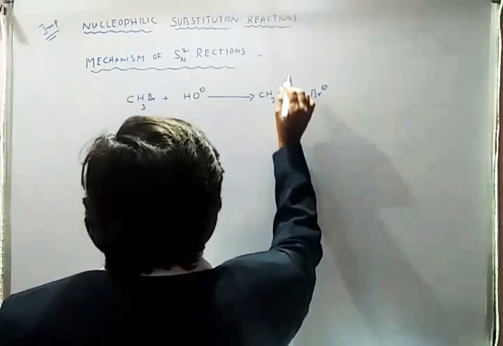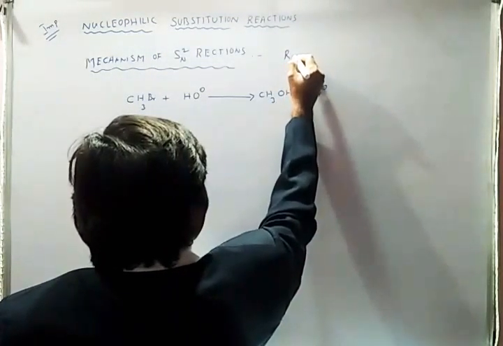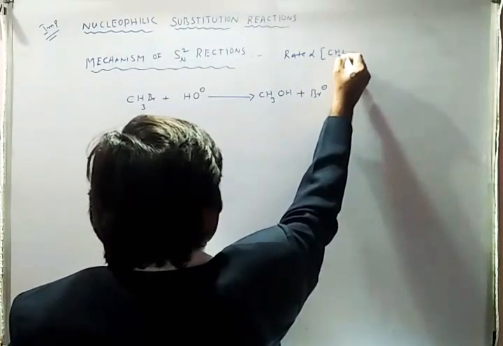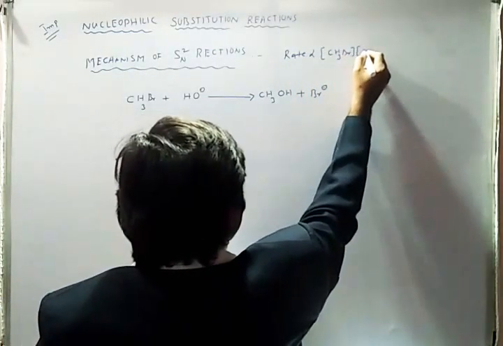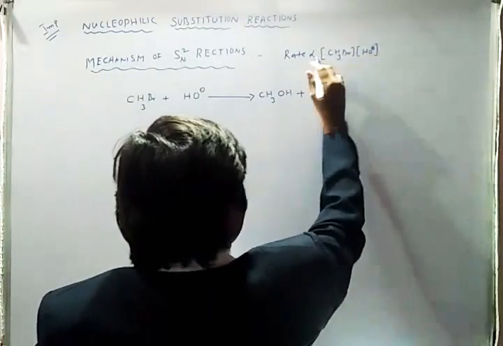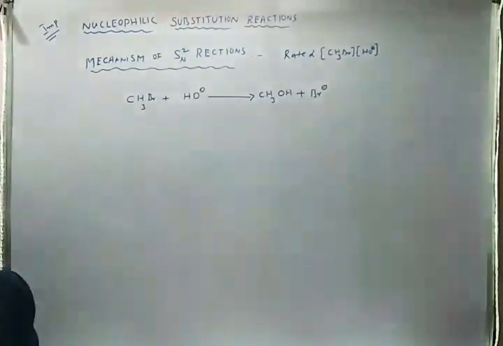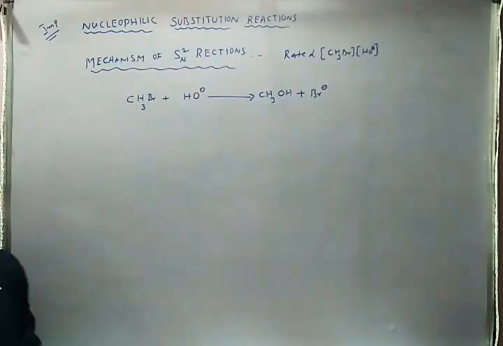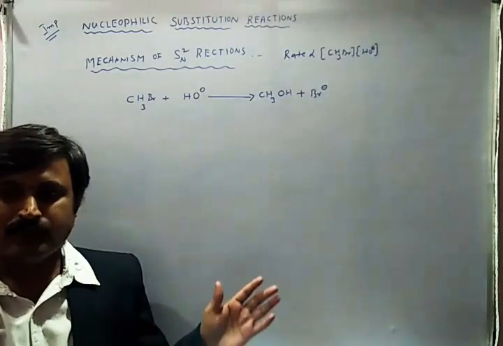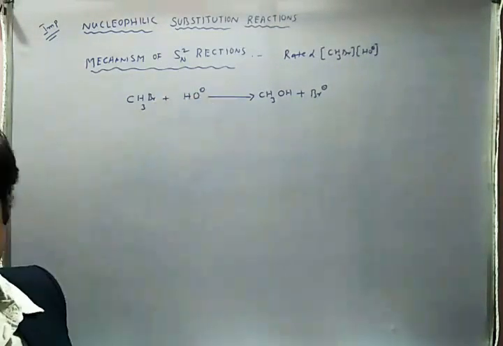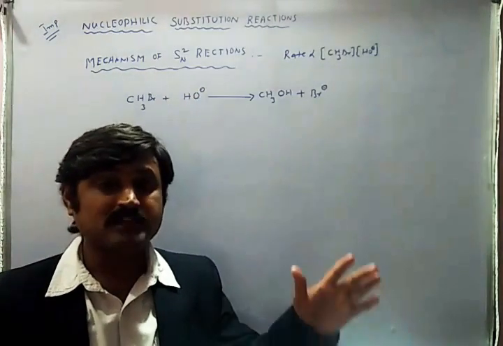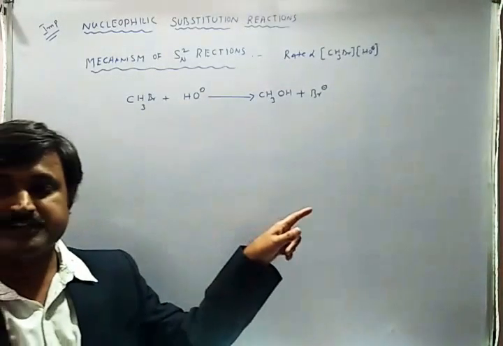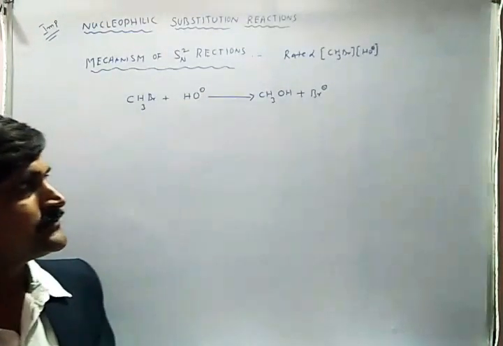So here, what I discussed is that the rate is directly proportional to the methyl bromide concentration as well as the OH minus nucleophile concentration. In such a case, if the concentration of methyl bromide is doubled, then the rate of the SN2 reaction also doubles. If the concentration of OH minus ion is doubled, then the rate of reaction also doubles.